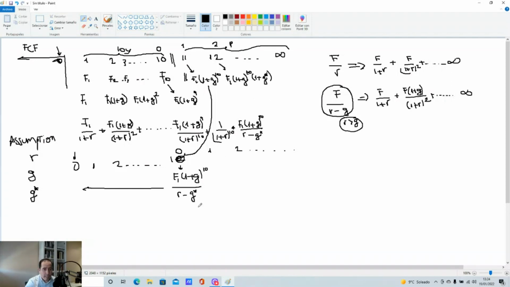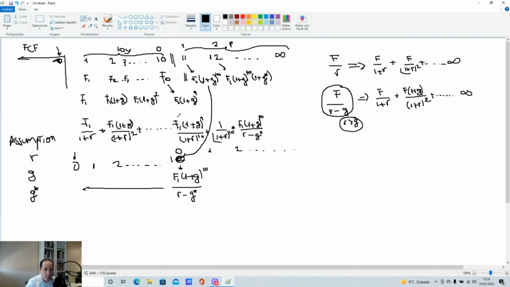Now we are almost finishing. You realize that in order to take into account all this future sequence of the perpetuity, we are really calculating the present value first.